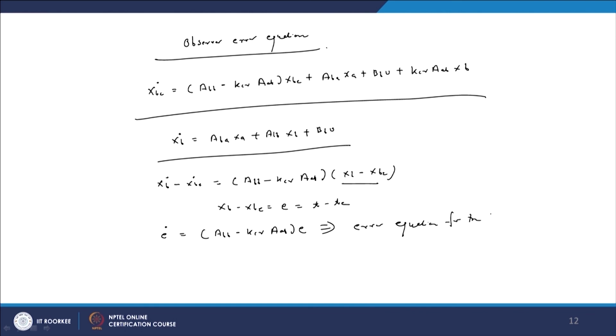for the minimum order observer, and from this we can get the observability condition, that is, AAB into ABB and repeating this process we get AB into ABB to the power n minus 2, and it must have rank n minus 1.